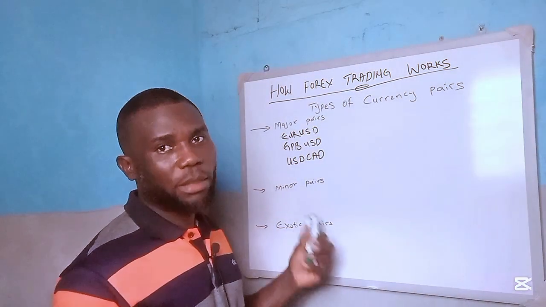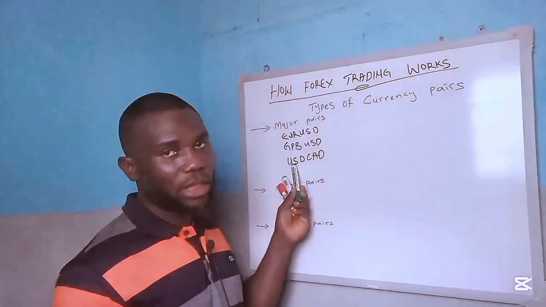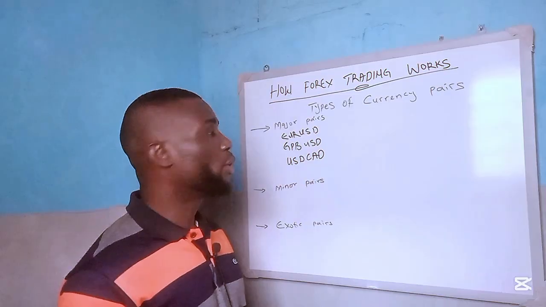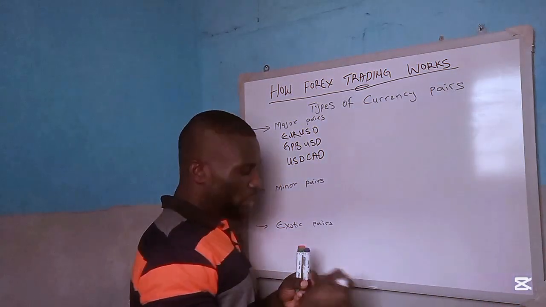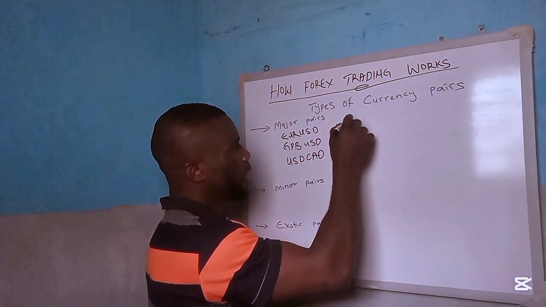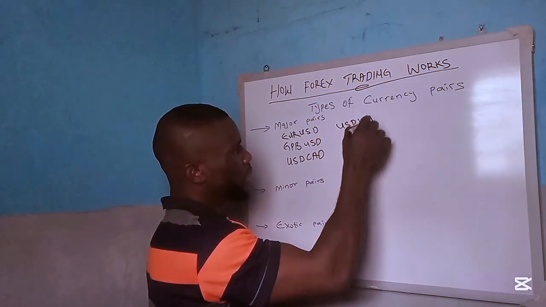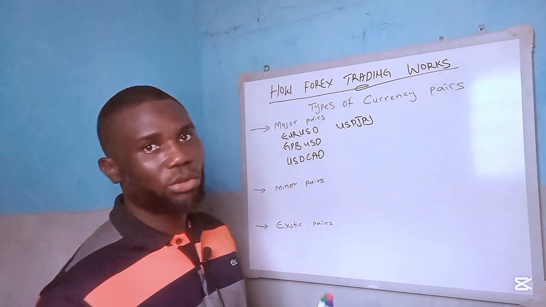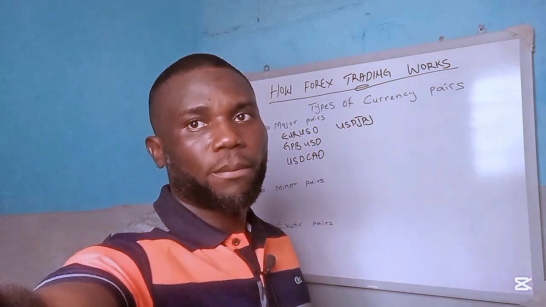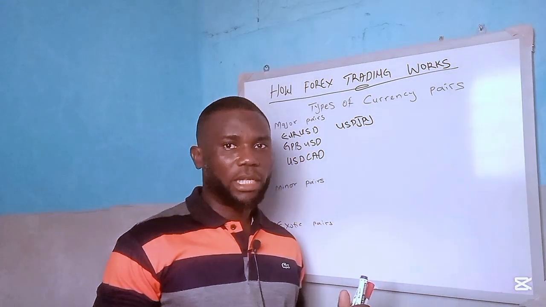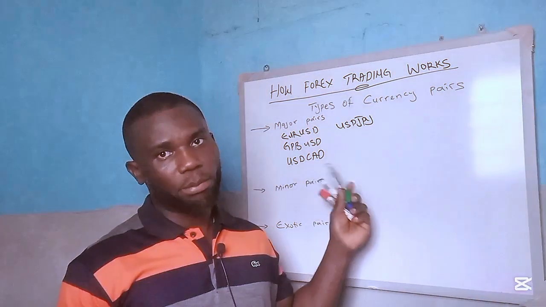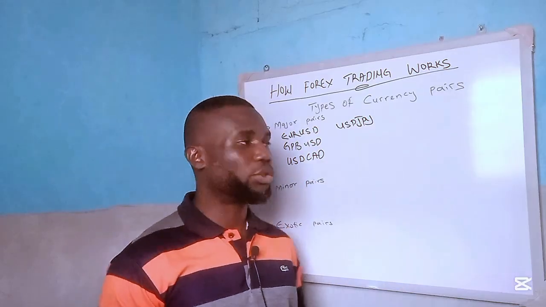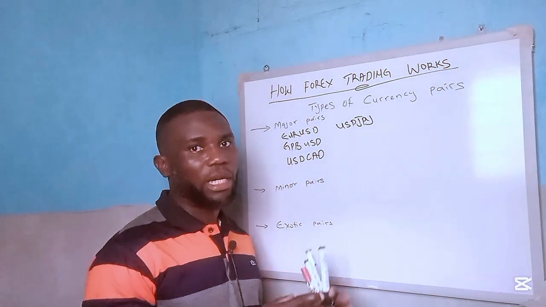Any currency pair that has USD in it is a major pair. Just like I said, you just have to know the combination of these pairs according to ISO, the International Organization for Standardization. So with time, you have to familiarize yourself with them.